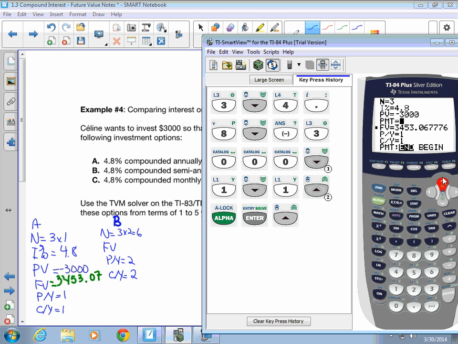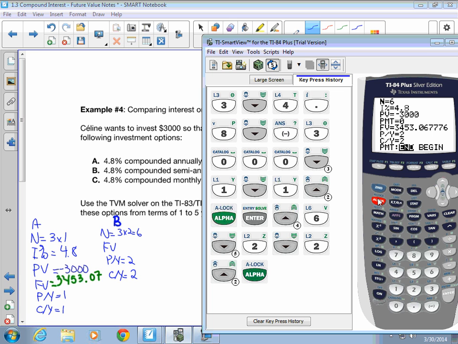So I'm going to change this one at the top to 6, because it's 3 times 2. PY is 2, CY is 2. Go back up to future value, alpha, enter, and we have $3,458.76. So we got up $5 by compounding twice a year.